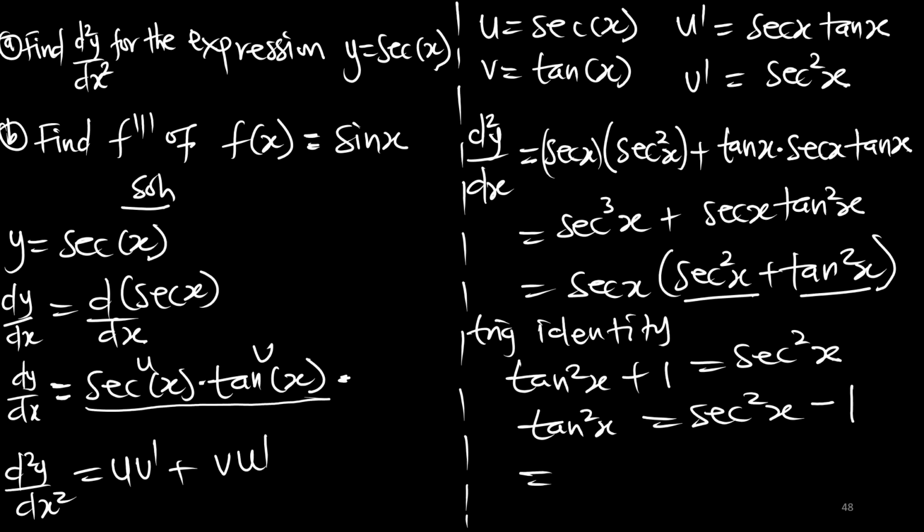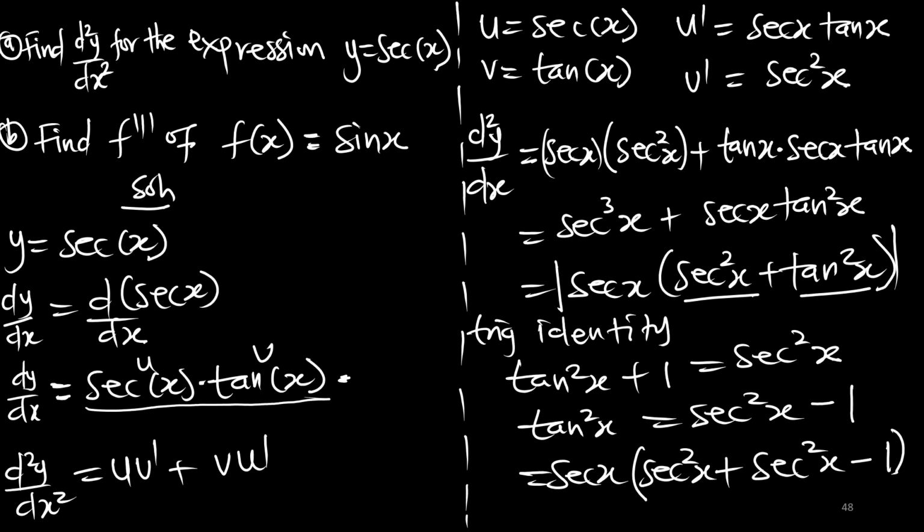So from the expression over here, I'm going to get the second derivative to be sec x times sec square x plus sec square x minus 1. And this can be simplified as sec x times 2 sec square x minus 1.